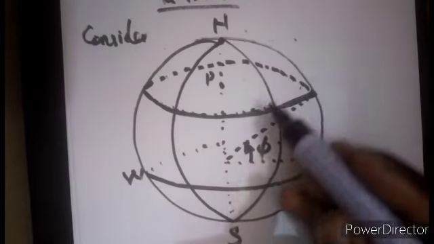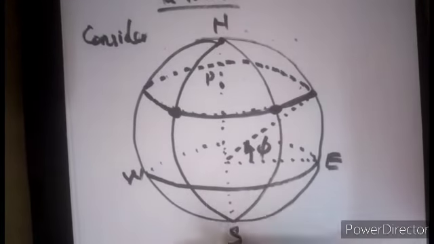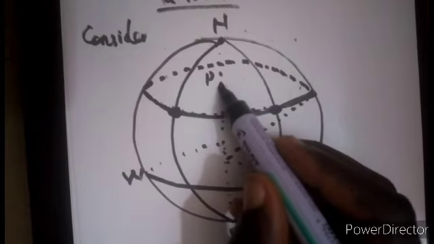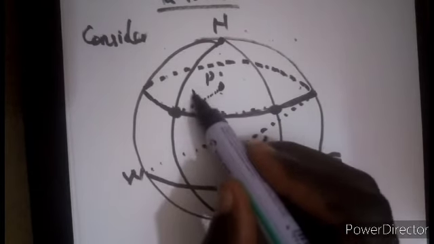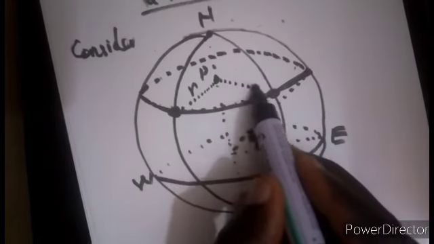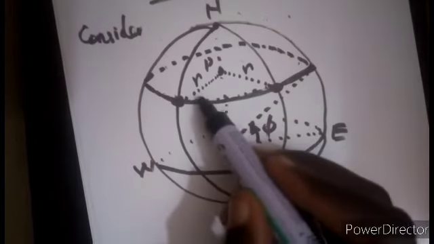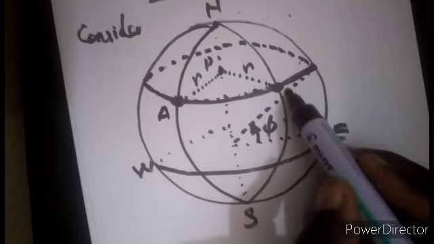So we are looking at these 2 points basically. Now the distance from the center of this small circle to this longitude is small letter r. Same thing here, small letter r.